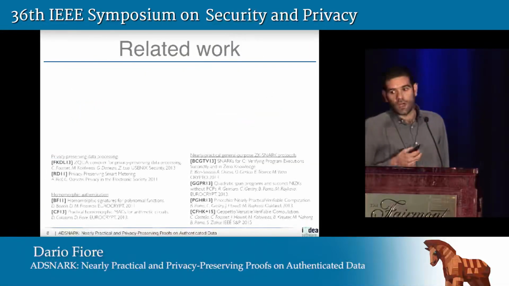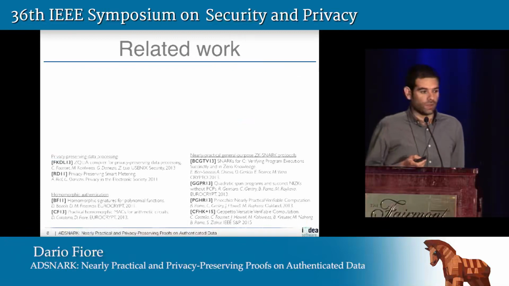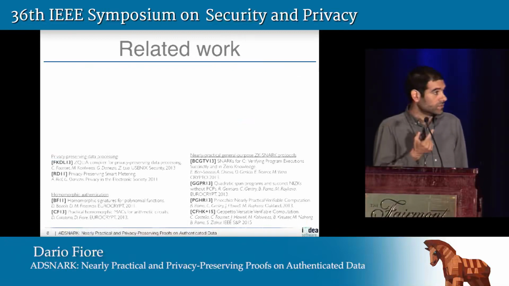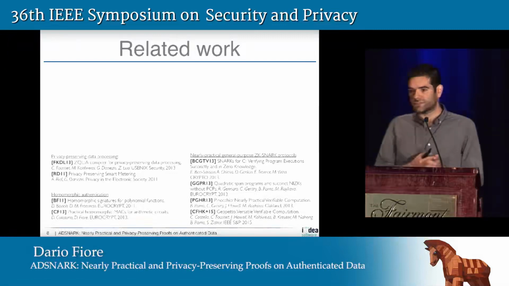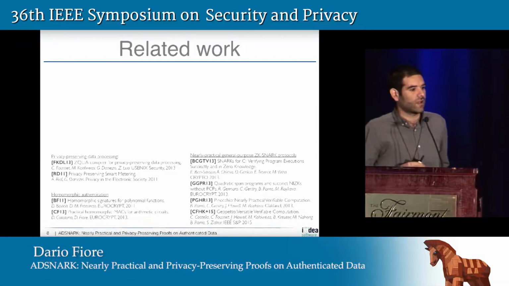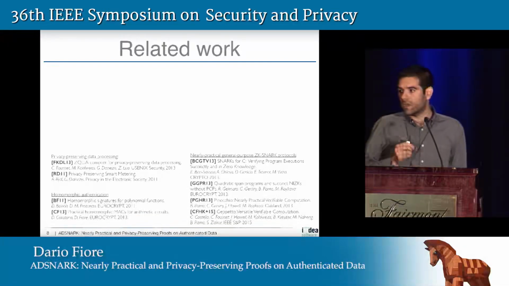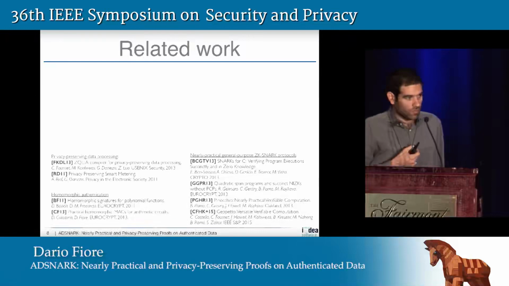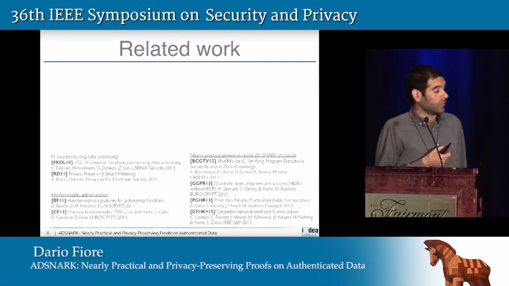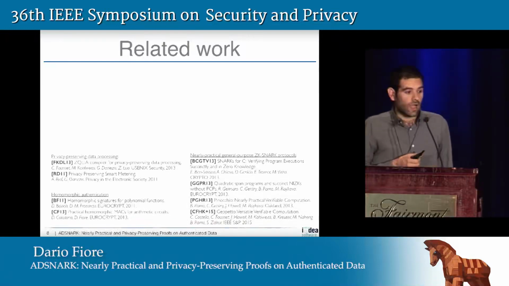Okay, so what do we know in previous work about this model? These problems have been addressed by several works. I could fill an entire slide with all the citations, but I want to highlight some of them. In general, the idea of privacy-preserving data processing has been addressed, for example, by the ZQL compiler that was proposed at Usenix 2013.